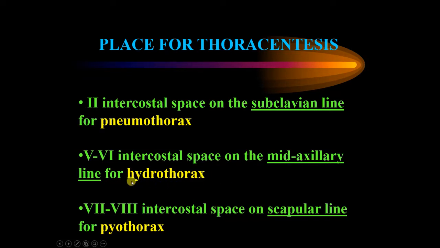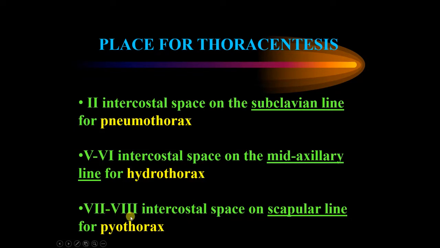Of course, because of gravitation, fluid in the thoracic cavity goes down and the lung goes up because it contains a lot of gas. Puncture in this place decreases the risk of trauma to the lung to the minimum. For pyothorax, we have to use the lowest space.